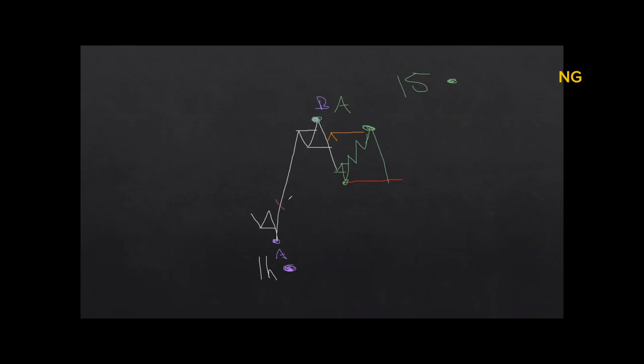Well, if you know that the bigger range has liquidity, internal liquidity in here, and there's a POI just below, right there, then your target has to be the internal liquidity of this range. We're not going to target the POI. That's important. We're not going to target the POI.